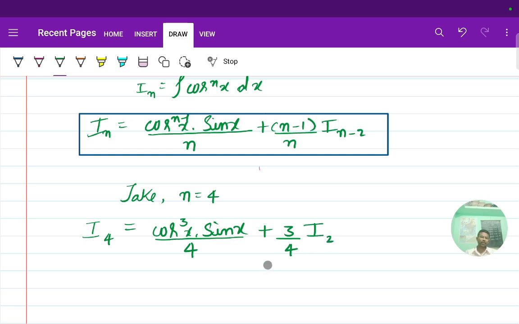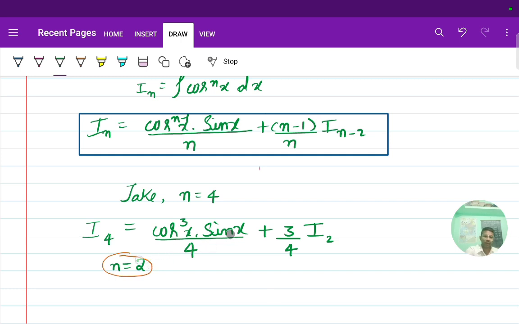Then to find this I2, we have to take n is equals to 2.